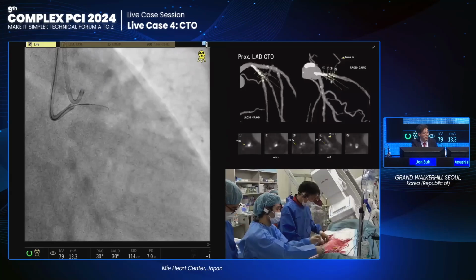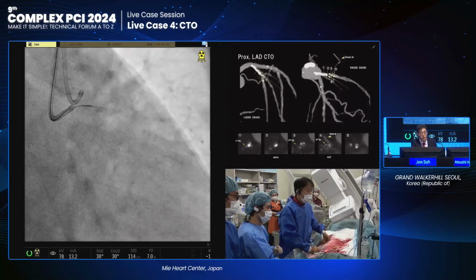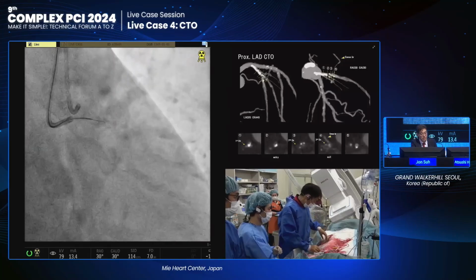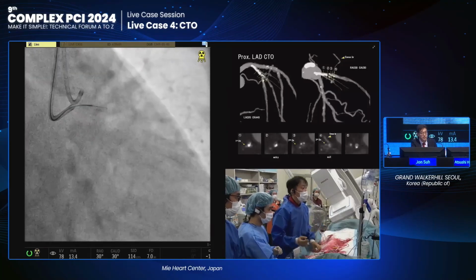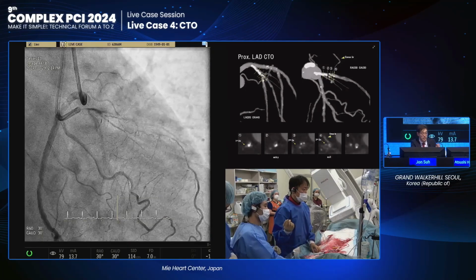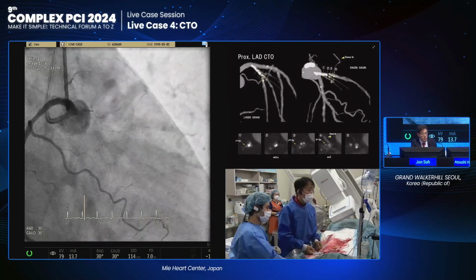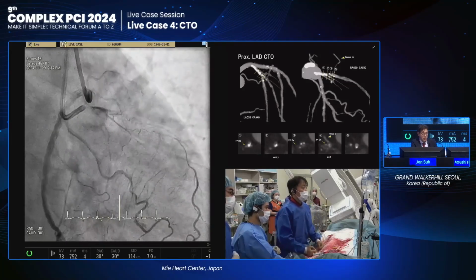I also agree with the antegrade approach, because in the CT a severe calcification exists, however we can see it is not tapered, so we try the antegrade approach first.